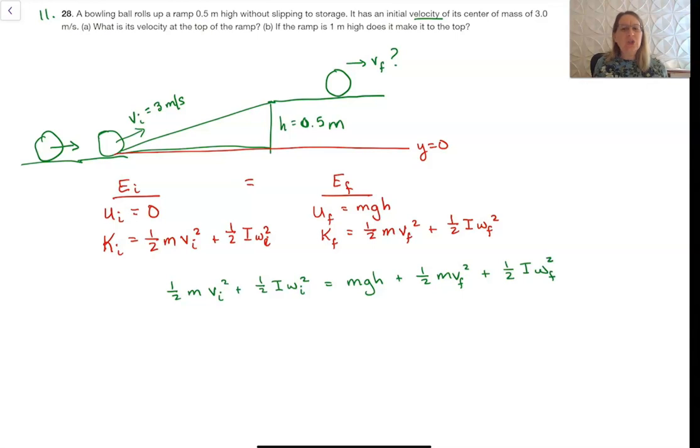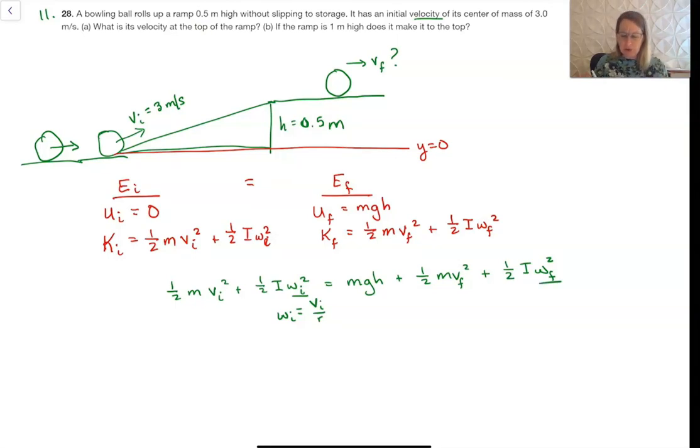And it looks like I don't quite have enough information here because I don't have the mass, I don't have my moment of inertia, I need to connect my omega to v, so that's not so bad. I can say my omega initial is equal to v initial over R, and then I can do the same thing over here, so I can make that substitution.